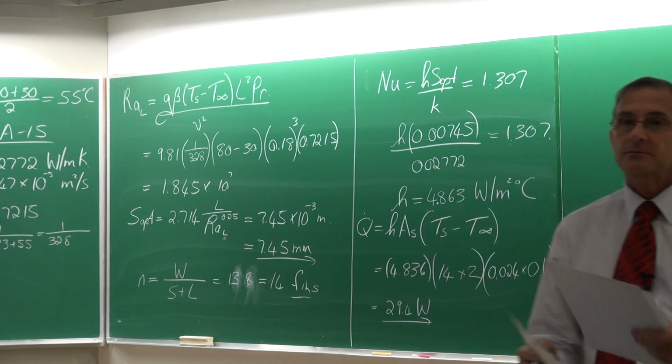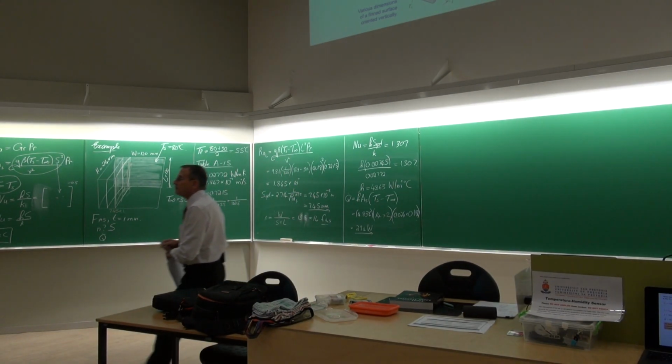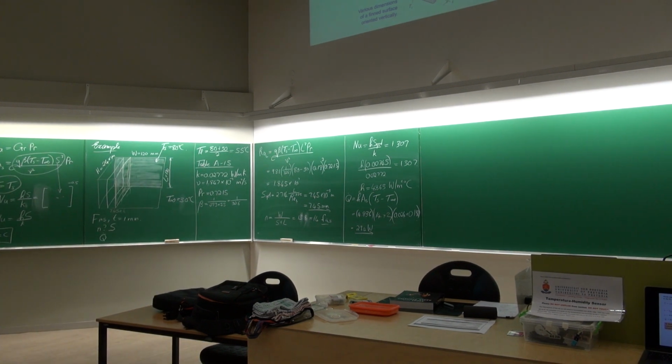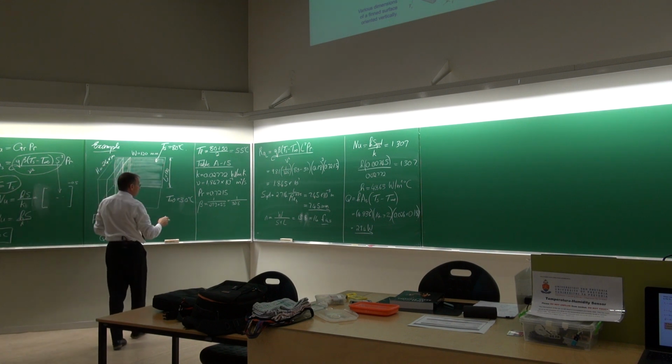Any questions? Yep. For your number of fins, which values did you use? Sorry, the number of? The fins, which values? Fins, yes. You used your width of 120 millimeters and your S of 7.45 millimeters, and your L. Now the number of fins is determined by that area, 120.